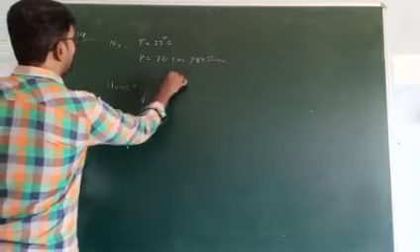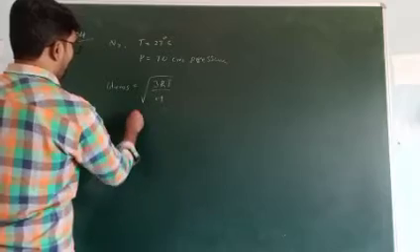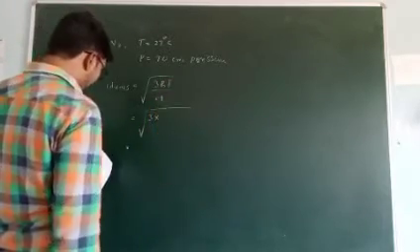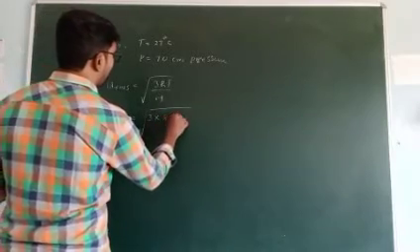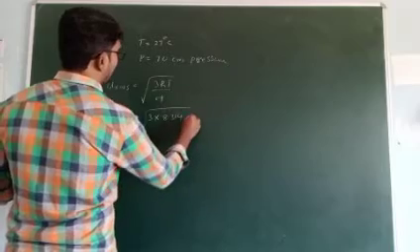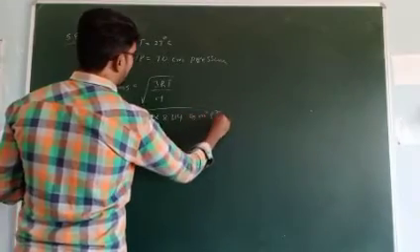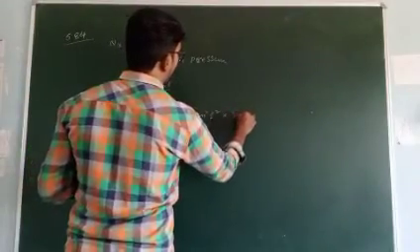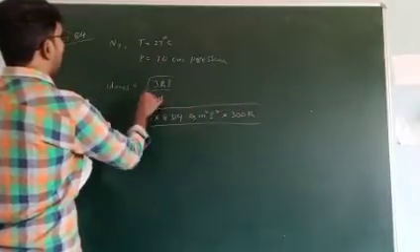URMS is equal to root over 3RT by M. So root over 3 into, we know the R value, that is 8.314 joules, meaning kg meter square second power minus 2, into temperature 27 degrees centigrade, that is 300 Kelvin, by molecular weight.